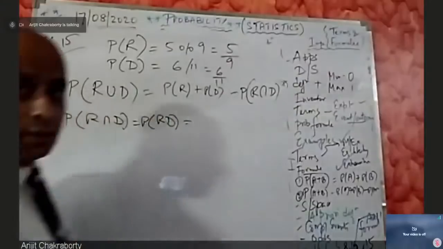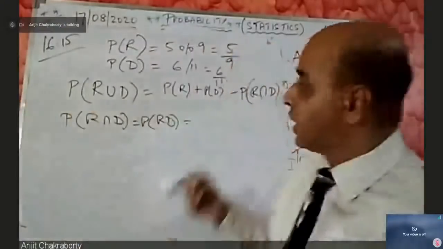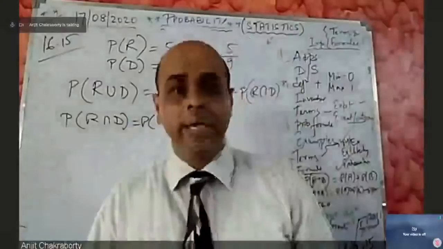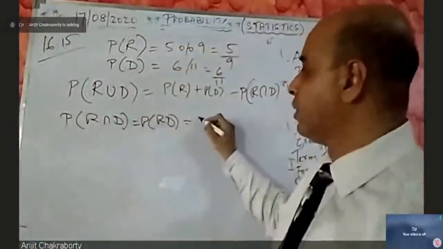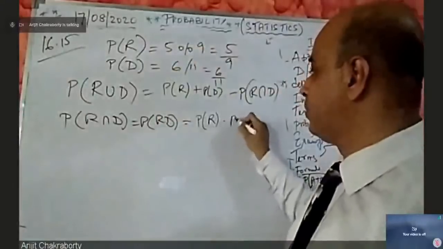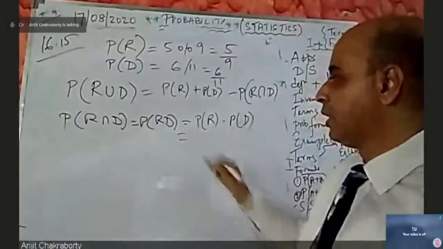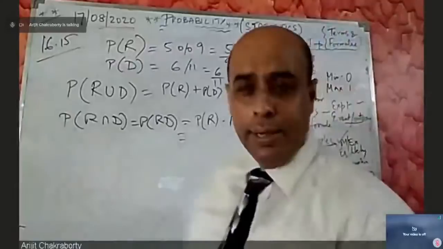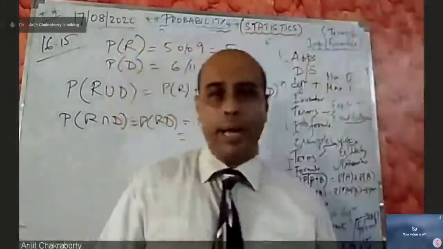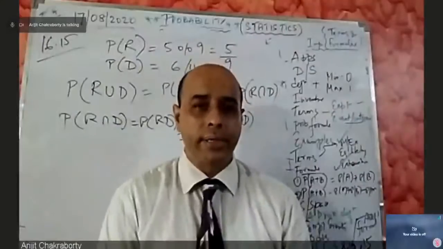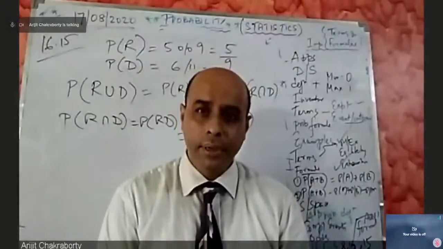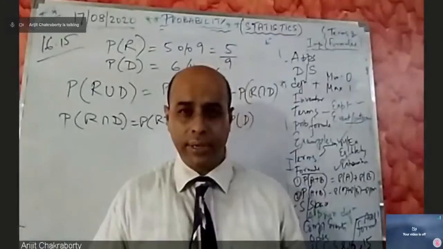What will be the formula? We have just seen that if the events are independent, then the formula of P(RD) will be simple: P(R) into P(D). Here, Rupesh hitting the target and David hitting the target, are they independent? Definitely yes. Rupesh has no connection with David.